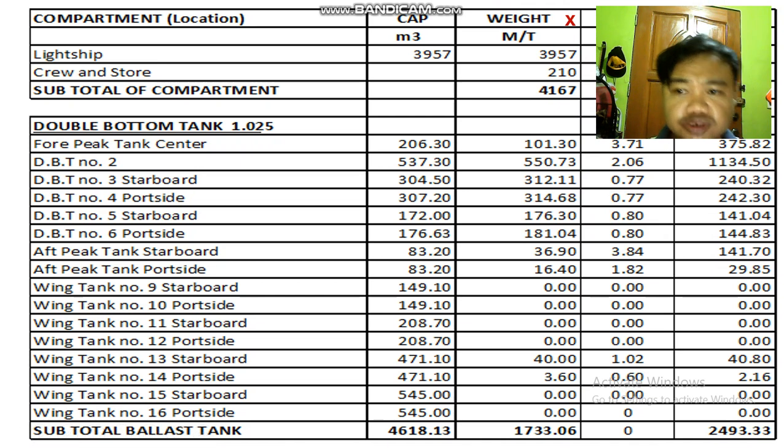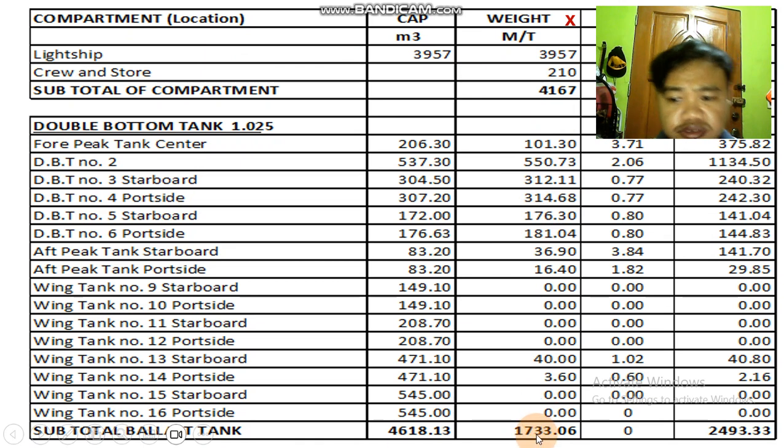Once you have the vertical moments, for example, we don't have cargo but only the ballast tank. Let's assume that this is the entire weight of the ship, the displacement of the ship. You add everything here, including the light ship condition.